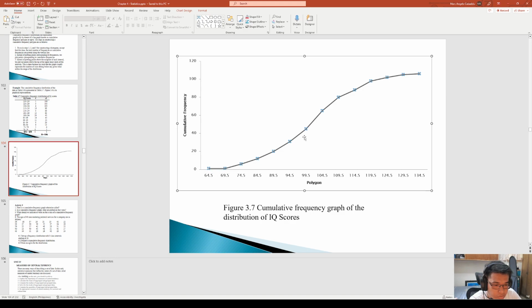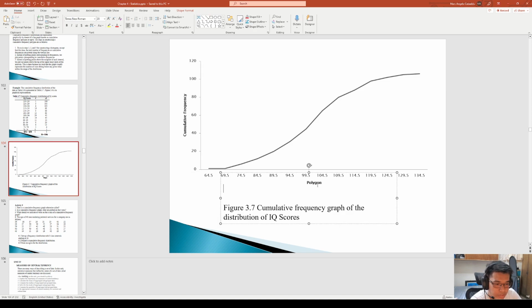Then you connect all those dots, that will create a line, okay? Okay, and then that would be your line graph, okay? Remember, same, so yung y ay cumulative frequency. Instead of the frequency, that would be cumulative frequency. For the x, that would be your categories or class interval. This time, class mark yung nakalagay dyan. Okay?